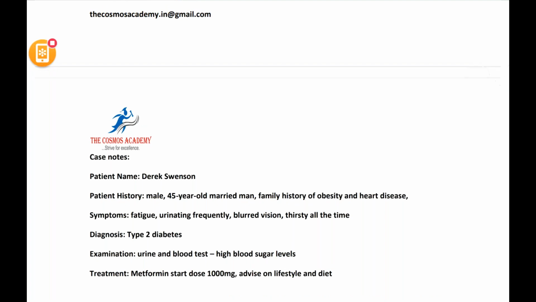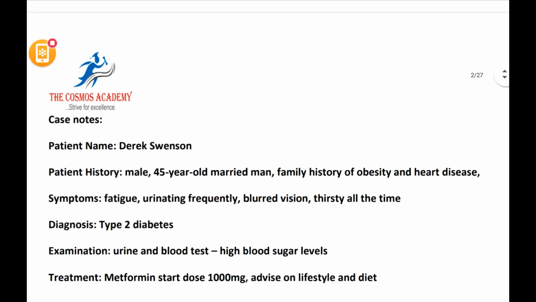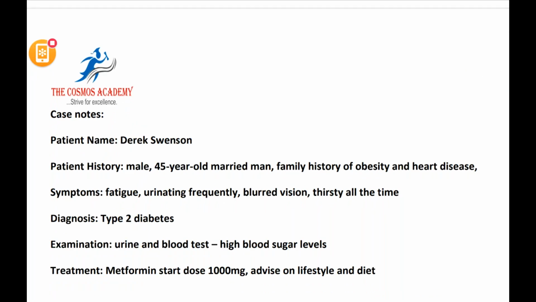Yes. So what I'm going to do, I'm going to enlarge these case notes. I hope you guys can see these case notes. Now it's given patient named Derek Swenson. Patient history, male 45-year-old married man, family history of obesity and heart disease.